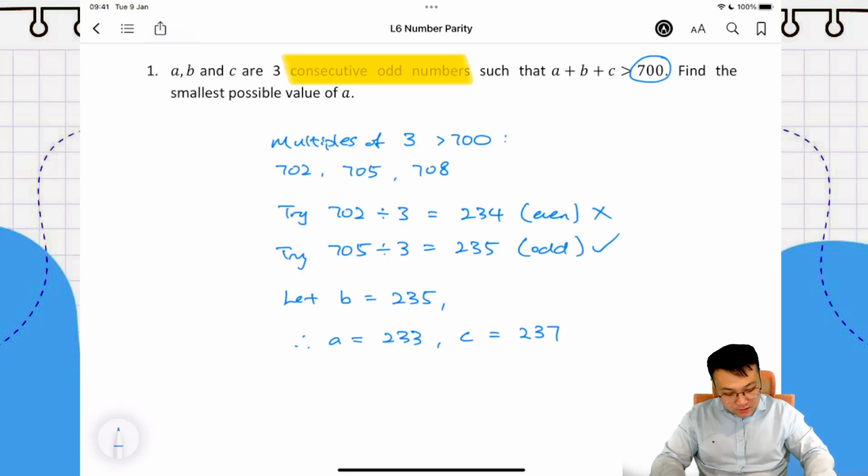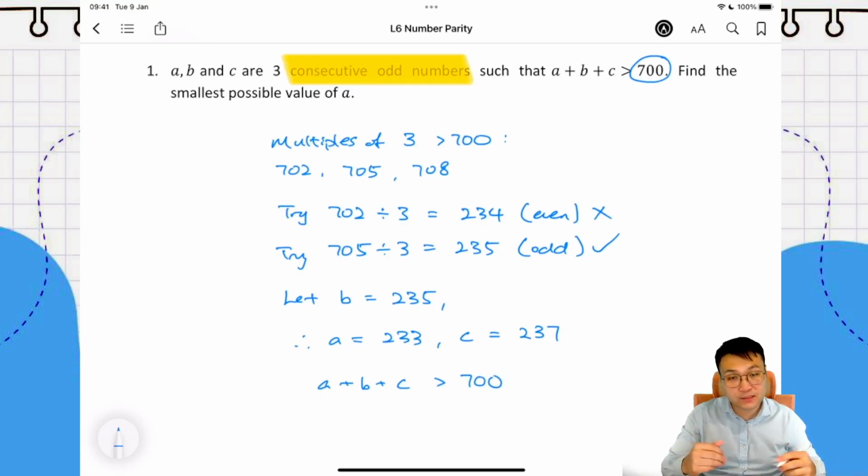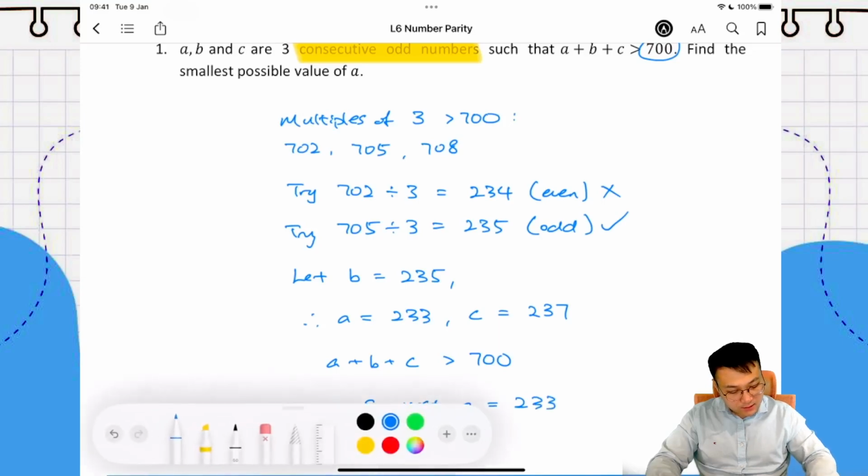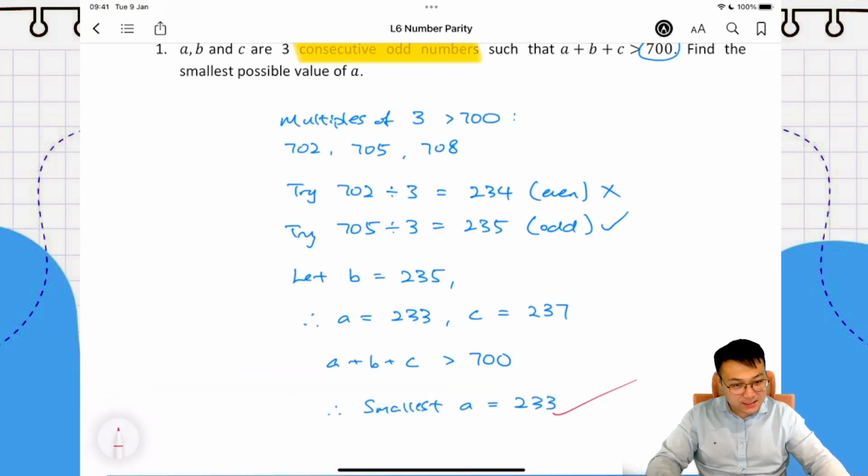If you add all these together, A plus B plus C, you will get an answer greater than 700, right? You'll be getting 705. Therefore, the smallest possible value of A is 233.